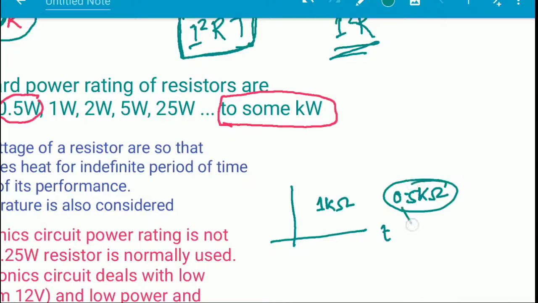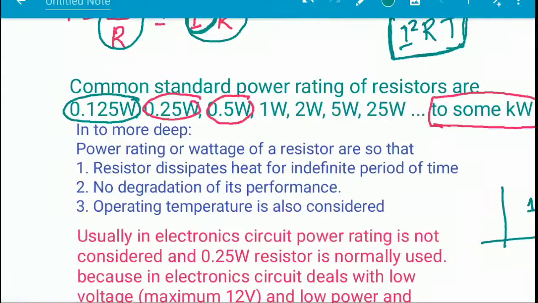So this is not the case. The power rating is such that no degradation of its performance will be observed, and the operating temperature is also considered. That means where we are going to operate that resistance, in room temperature or in high temperature. I will explain in some example later.